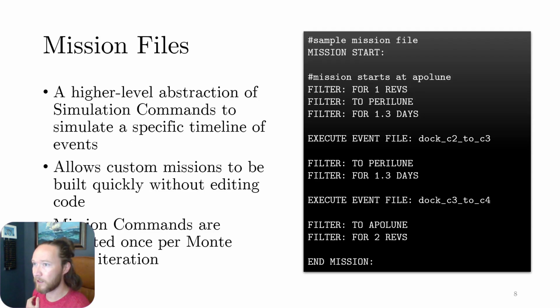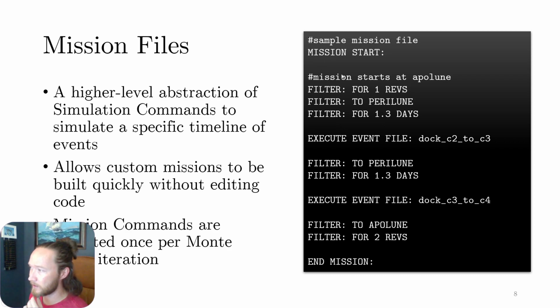So talking about those mission files real quick, it's a higher level abstraction of the simulation commands. I mentioned that. So it is a text file that has commands in it in an easier to read fashion. These commands tell the filter, tell the simulation what to do.